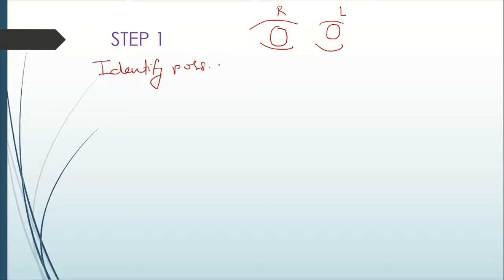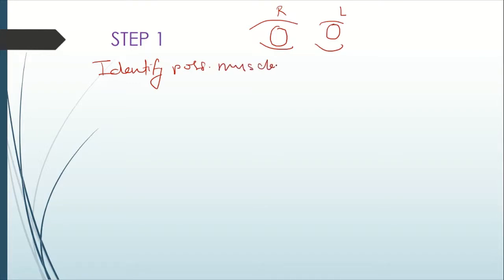So what is the concept here? Imagine a patient who has left hypertropia. The first step is to identify possible muscles.